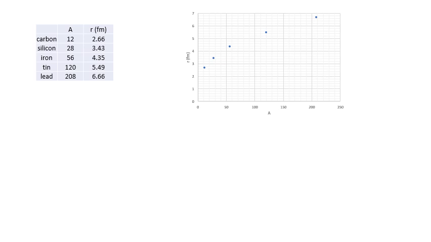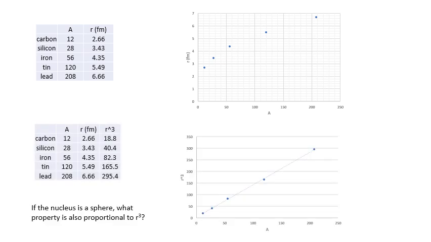If the mass number is bigger, then the radius is bigger. What's rather more interesting is if we do a graph of the radius cubed against the mass number. We get a straight line.